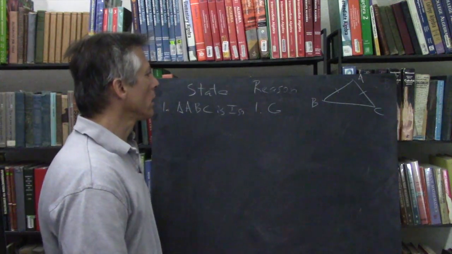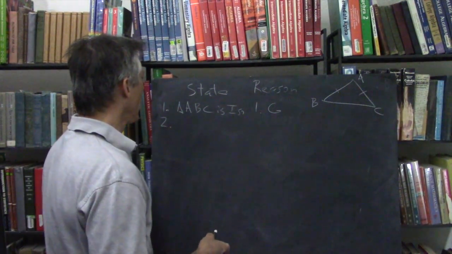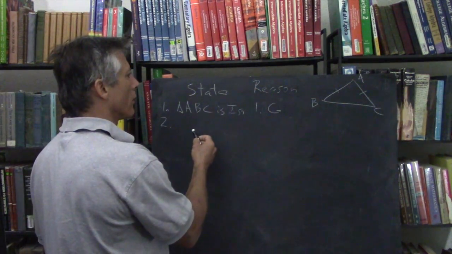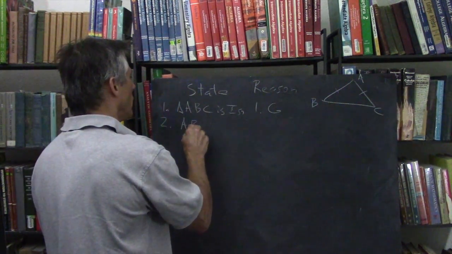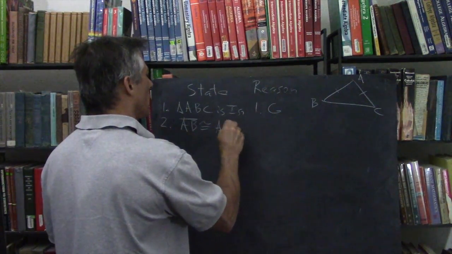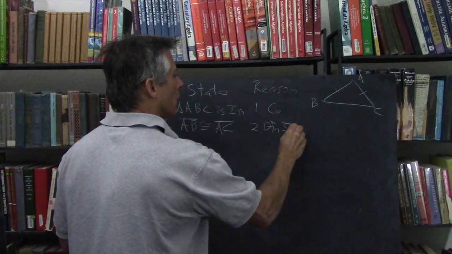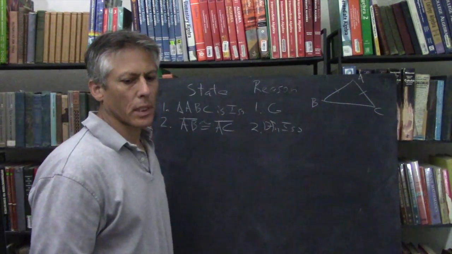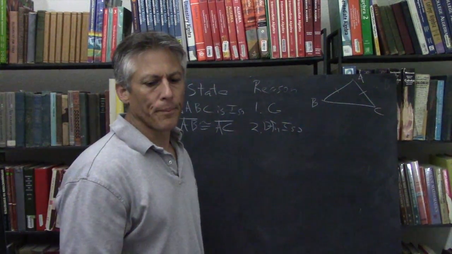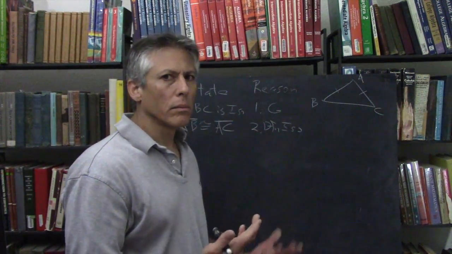That's all we know so far. That's a given. And then we can conclude from that that AB is congruent to AC. Definition of isosceles.